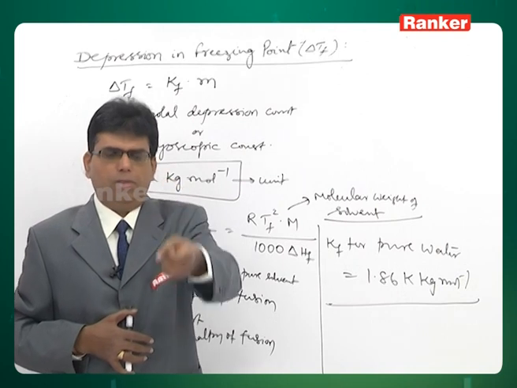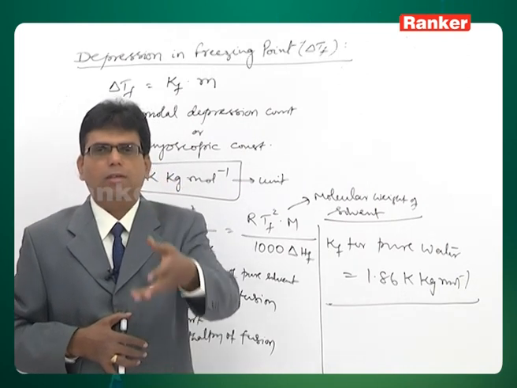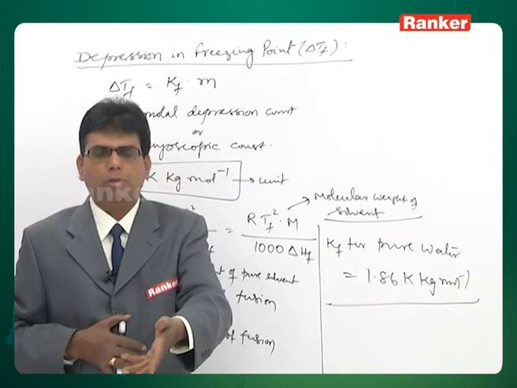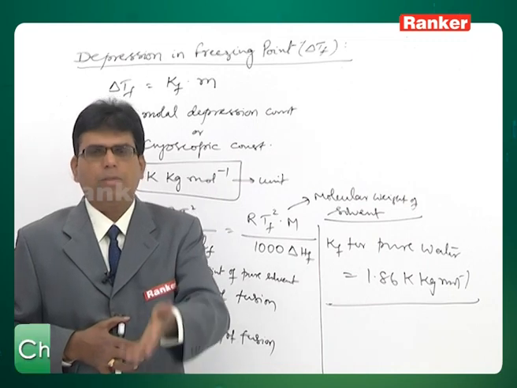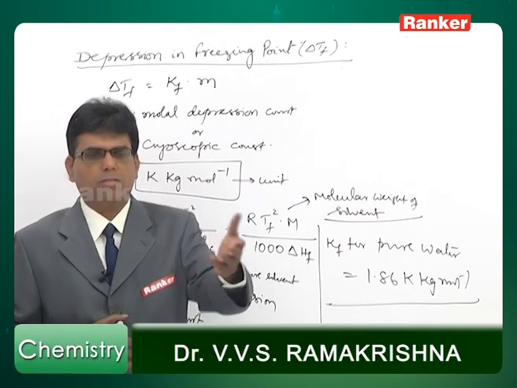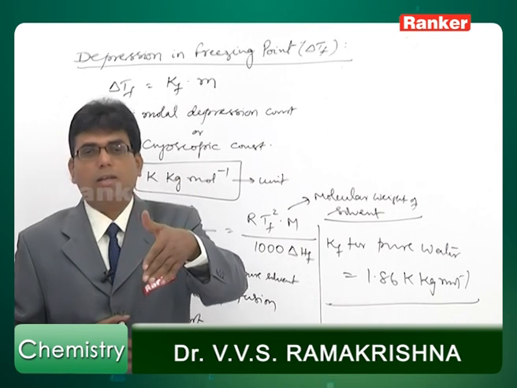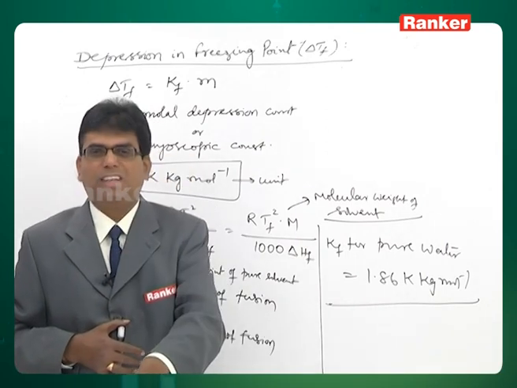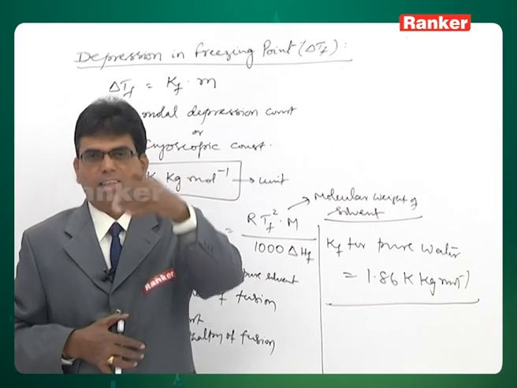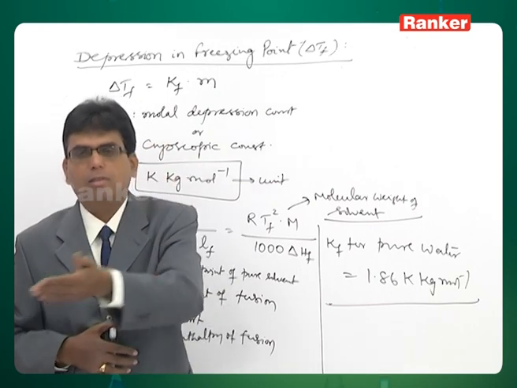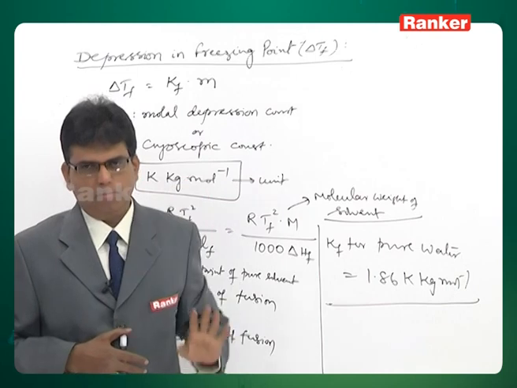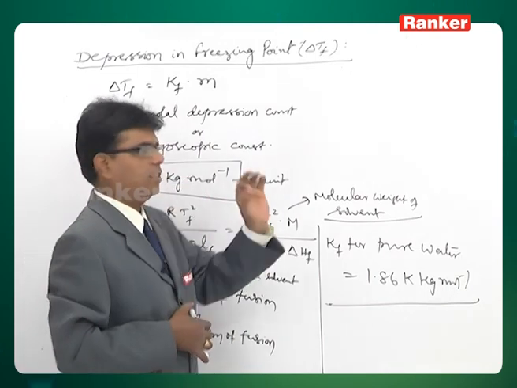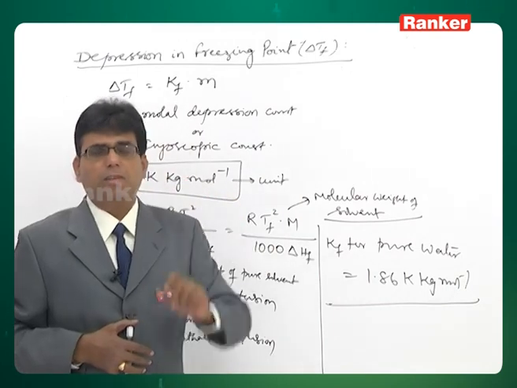When you add salt, you are adding a non-volatile solute. As a result, the freezing point decreases, and so at a higher temperature than before, the snow will start melting. This is the direct application of the depression in freezing point.